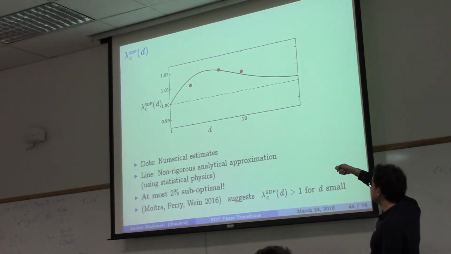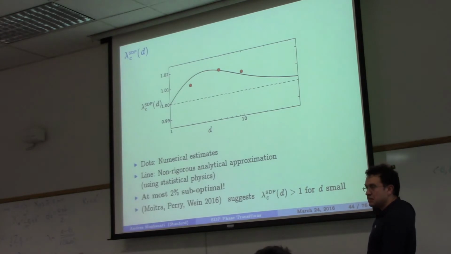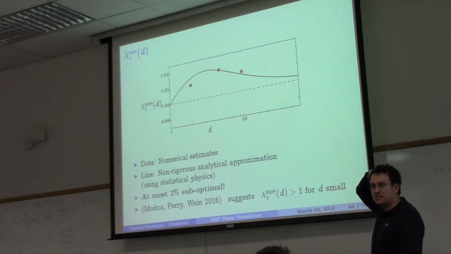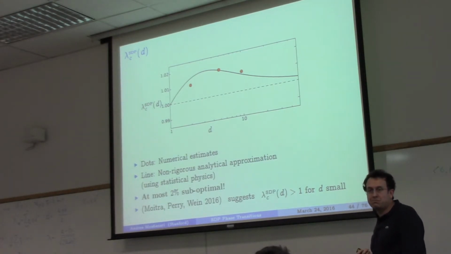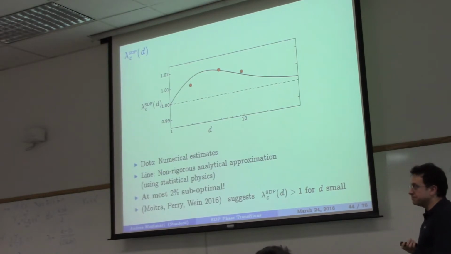You see that for basically any degree, the phase transition of SDP is not 1, but is at most 2% away from 1. So in a sense, SDP is not optimal, which is interesting, but it is at most 2% suboptimal, which is also interesting.